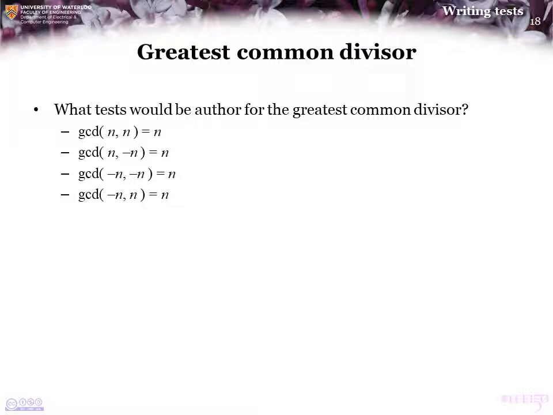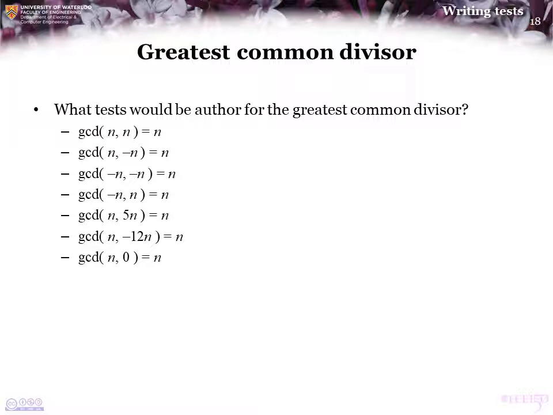And on top of that, I'm going to test this for both positive and negative values of n, as the GCD must always be positive. Additionally, I should check that the GCD of some random integer, maybe 17 or 32, and 5 times that integer are still equal to the smaller of the two.